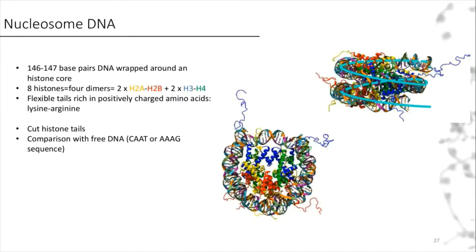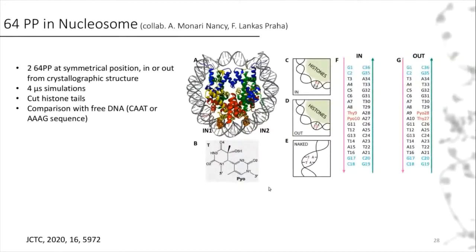So for 6,4-pp, we use the crystallographic structure of the damaged DNA. The 6,4-pp is either close to the histone core, so it's the in position, or placed close to the solvent, so the out position.